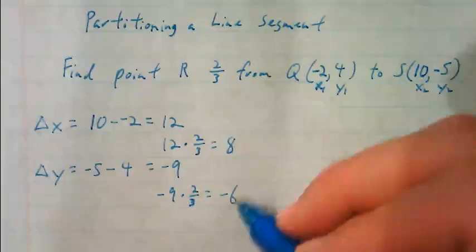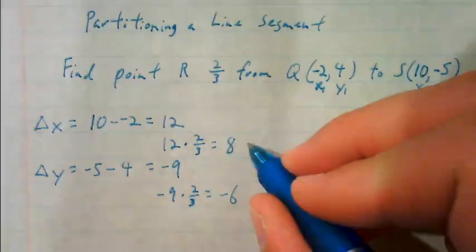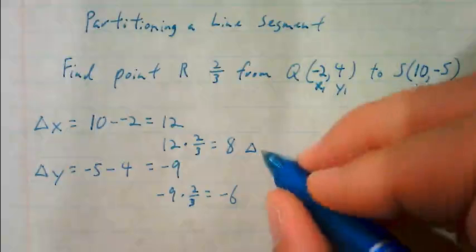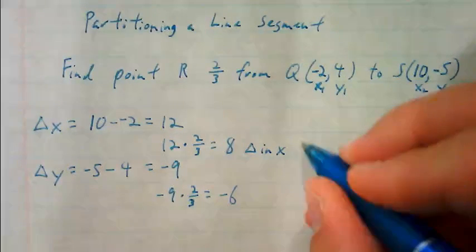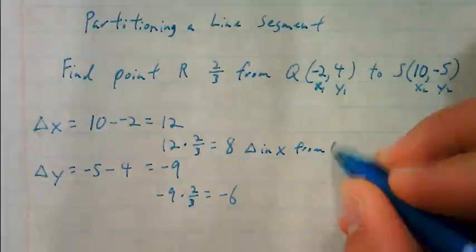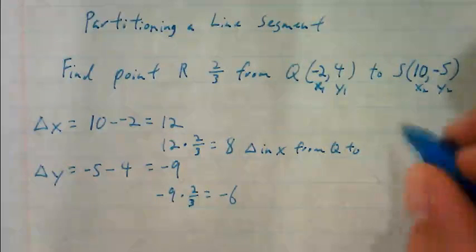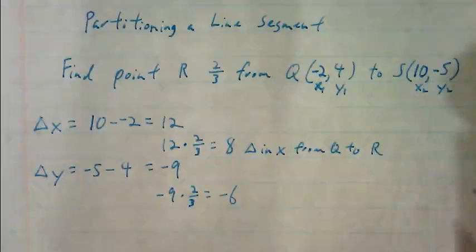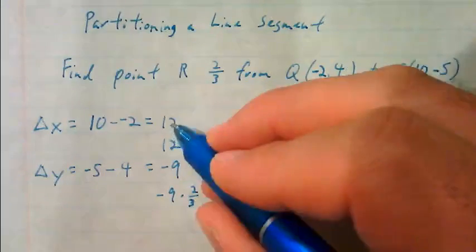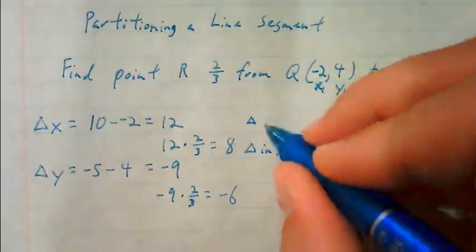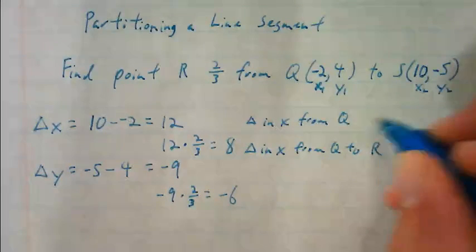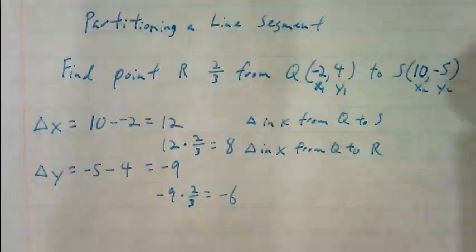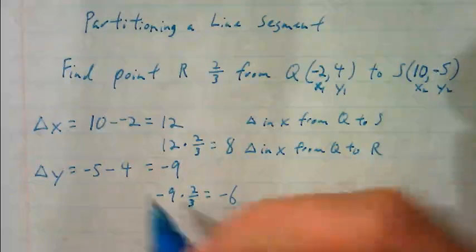This is the change in X from Q to R. The original value that I had up here, that 12, that was the change in X from Q to S. Same thing down here.